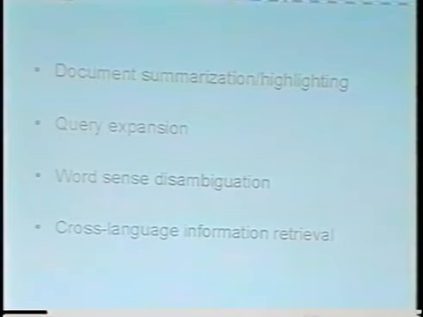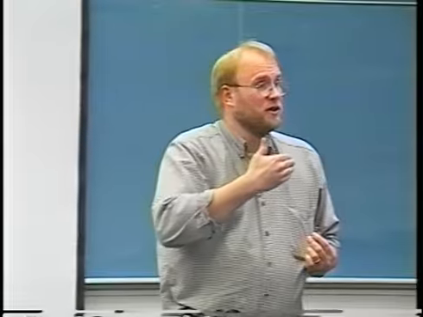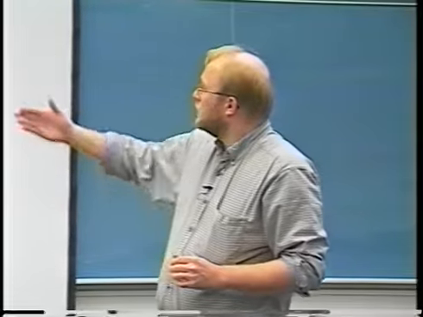When you get a document back, if you use a web search engine, sometimes you have to click on the document and look, and you're scanning down trying to find what's important. This will highlight what's important about the document, even if they're not the words that you originally used in your query. Word sense disambiguation is another application. Cross-language information retrieval, and I'll talk about that right now.